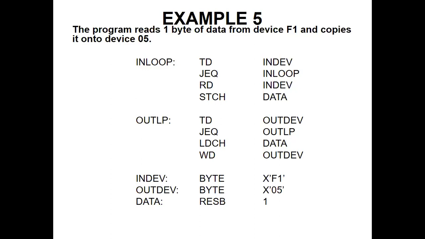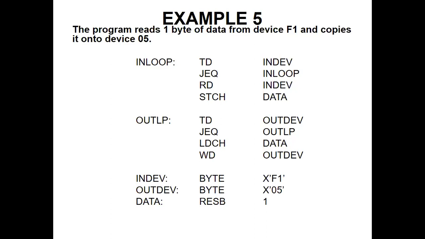So when you look at those instructions which you see on the screen, okay, we have the first instruction, it has a label in loop. Then we said that when you are reading a character, you say test device.